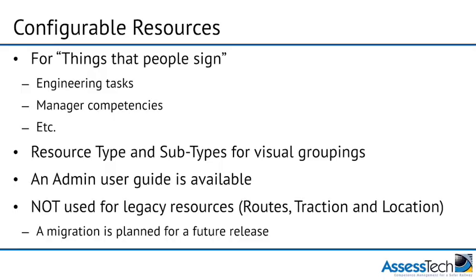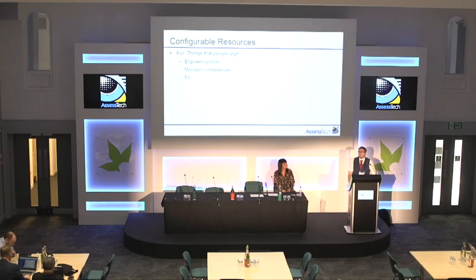Configurable resources are things that people can sign, and you can break these down into groups, things like engineering tasks, manager competencies, all the way to things like routes and traction that we currently track on ACMS. We can break these into what we call types and subtypes, which are groups for you to visualize what people sign. And you can assign these to different roles, which we'll come on to in a moment.